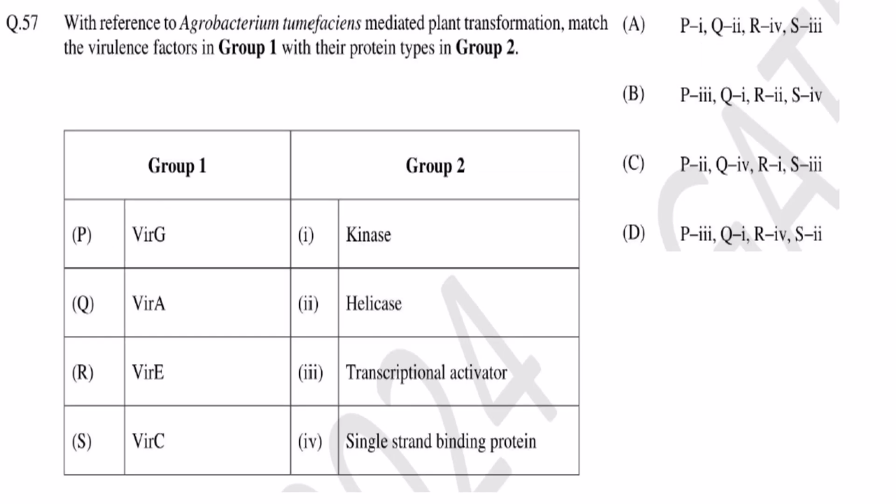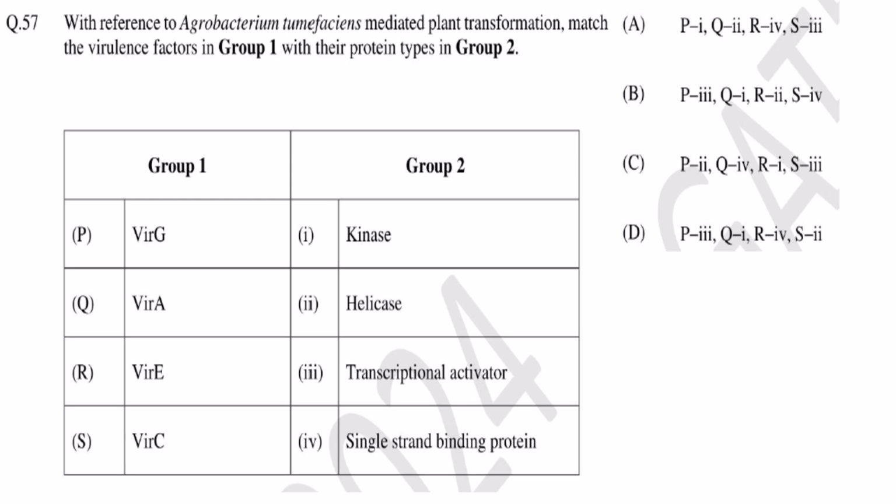Then next one. With reference to Agrobacterium tumefaciens mediated plant transformation, match the virulence factors in group 1 with the protein types in group 2. So VirG is a transcriptional activator. So P3. Okay, B and C, D we have to see, A and C we need not see.